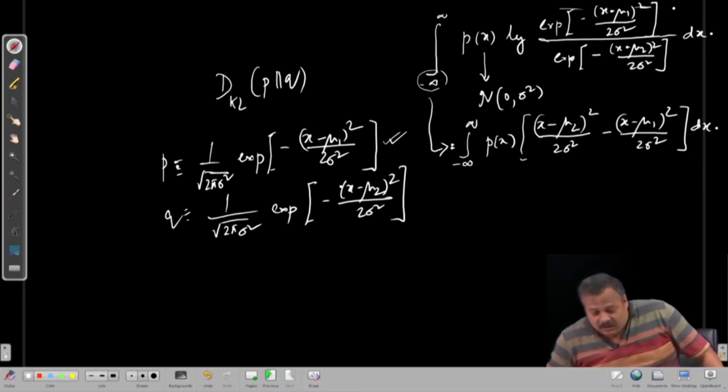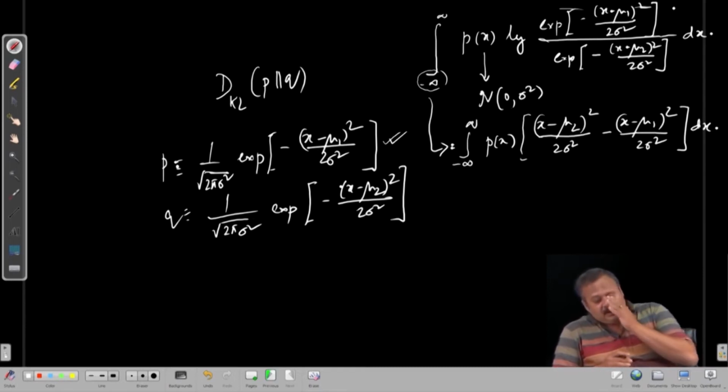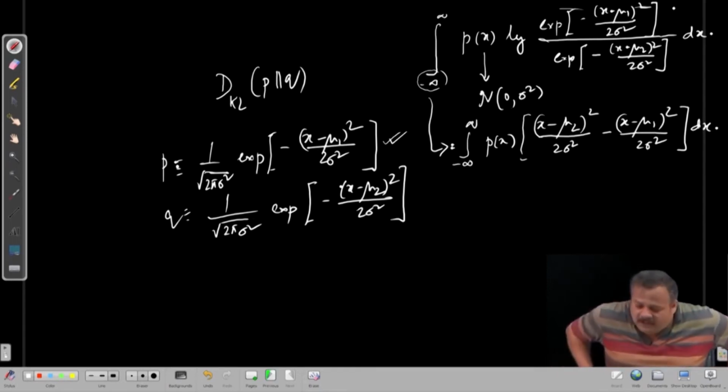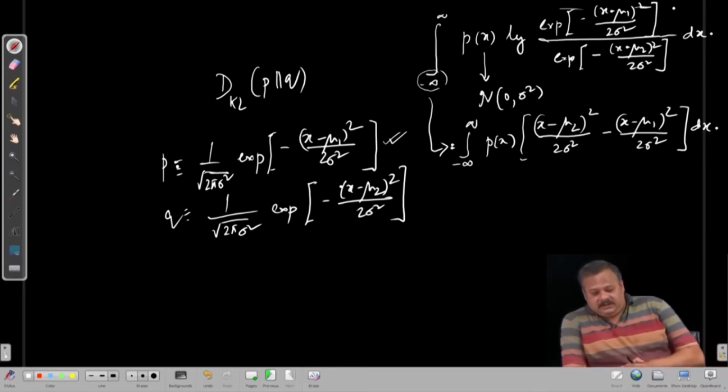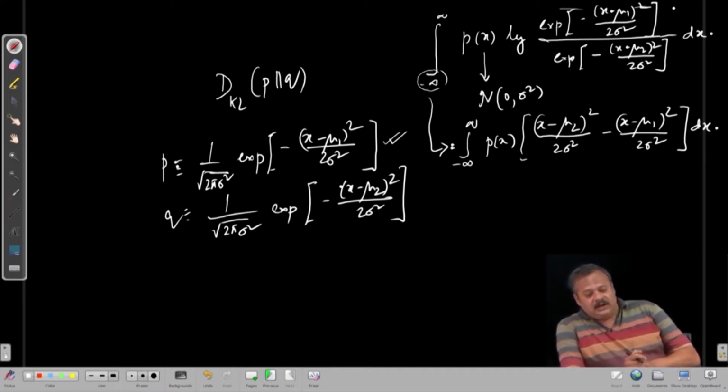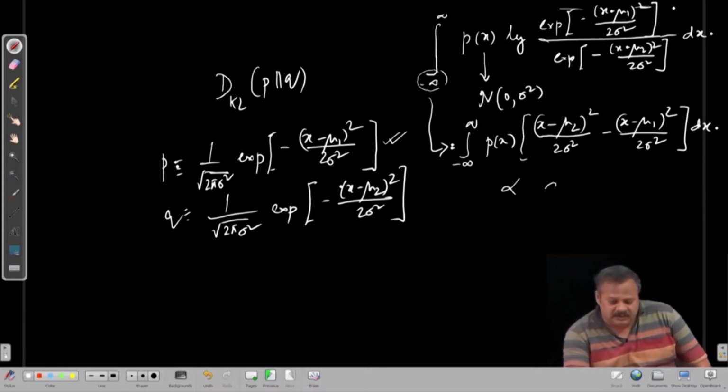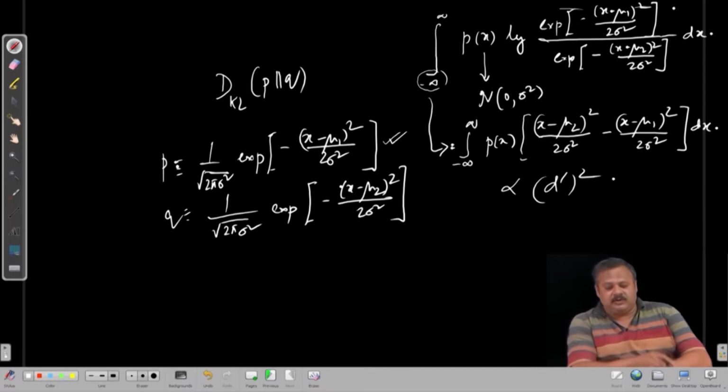What you can easily see now is that this is pretty straightforward, and if we plug in P(x) as our Gaussian, we are simply left with (mu 2 minus mu 1) squared by 2 sigma squared, and so it is simply proportional to d prime squared. So this is going to be proportional to d prime squared.